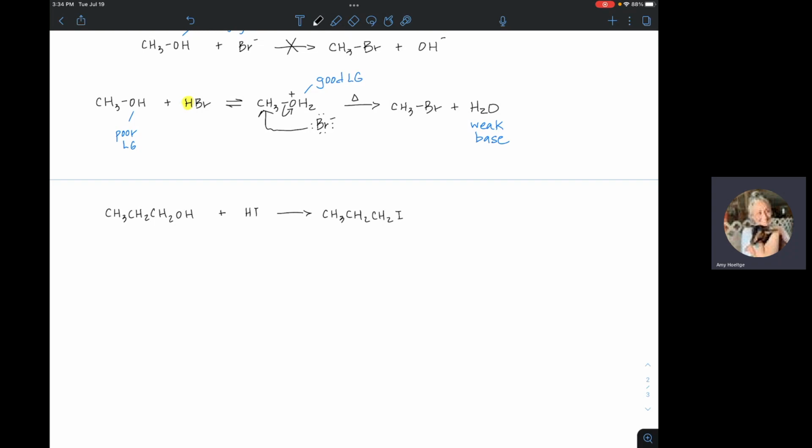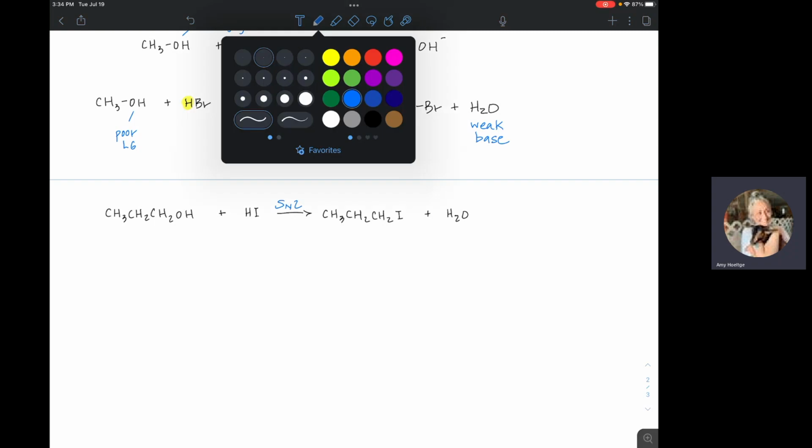So thinking ahead about what type of nucleophilic substitution reaction we can do with a primary alcohol, once you've protonated the hydroxyl group, you've created a good leaving group, and the nucleophile can come in and do a backside attack on that unhindered carbon. So this right here would be an SN2 process.